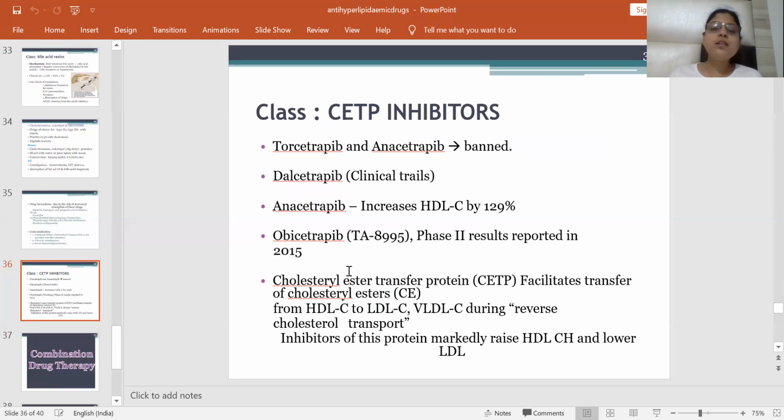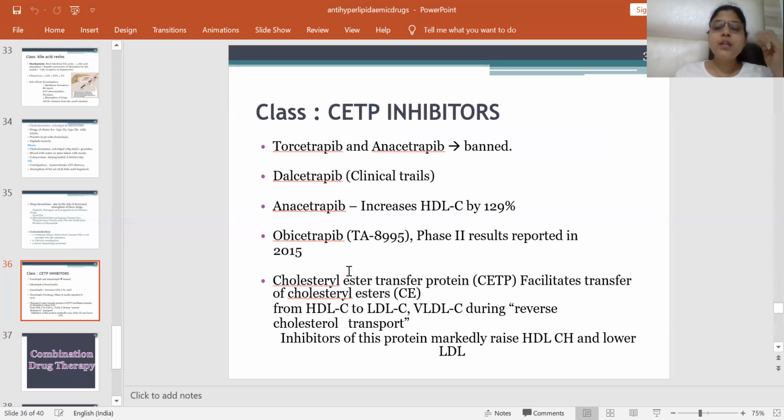Now, this is the cholesteryl ester transfer protein. It facilitates the transfer of cholesterol esters from HDL cholesterol to LDL cholesterol and VLDL cholesterol during reverse cholesterol transport. And these are inhibitors of this protein.